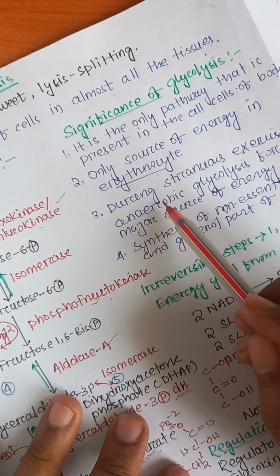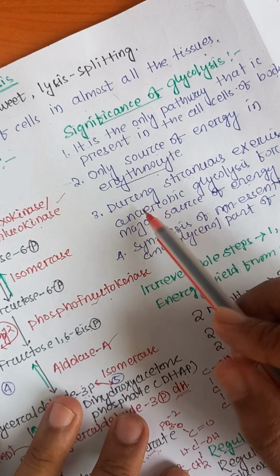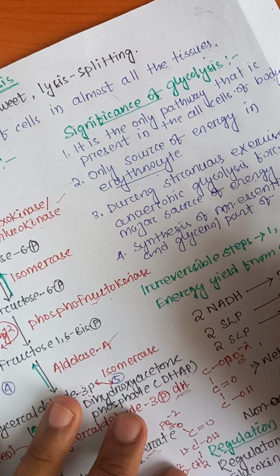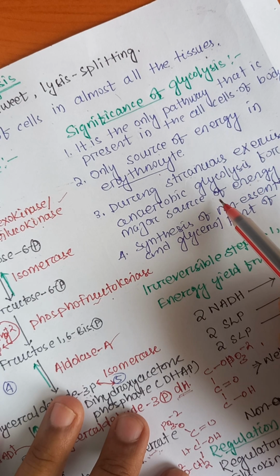During strenuous exercise, anaerobic glycolysis forms the major source of energy. Let's understand this statement. As you know, in strenuous exercise the oxygen demand is increased, and because of that there will be less oxidative phosphorylation, leading to less production of NAD plus, which leads to a decrease in glycolysis.